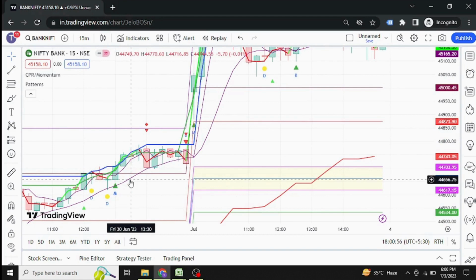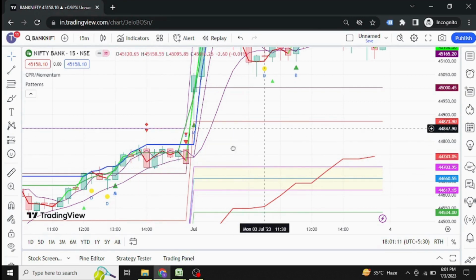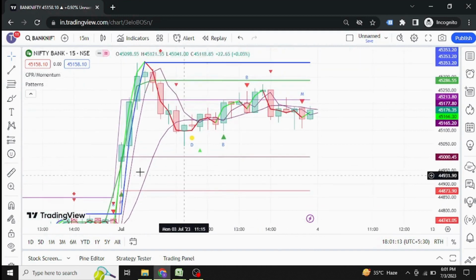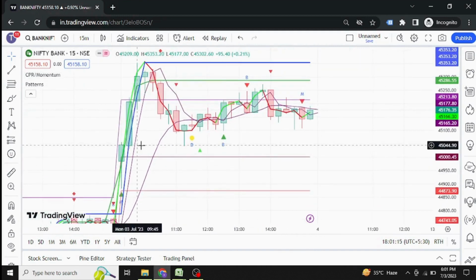And whenever it becomes red and crosses this second upper purple line, then you go for short or sell. Here, since there was a gap up, the first candle you have seen; on the second candle you might have entered over here at 45,040.